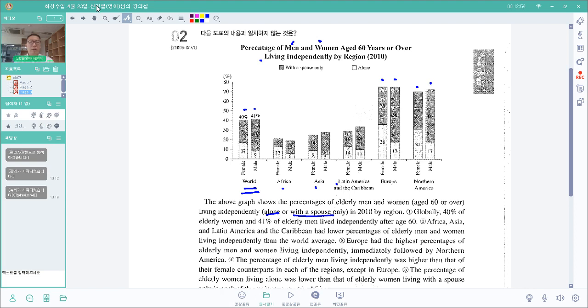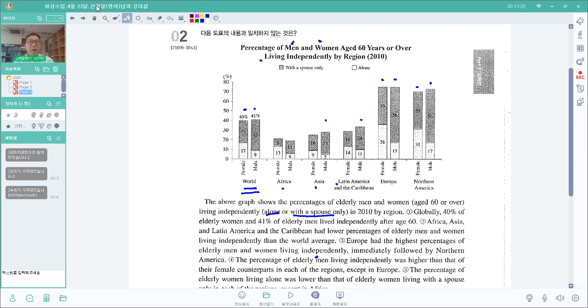which is true, right? The percentage of elderly men living independently was higher than that of the female counterpart in each of the regions. So elderly men living independently is higher than women. So here we have in Asia, yes, there are more men.